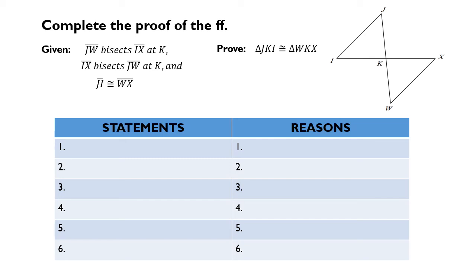Okay. Now, complete the proof of the following. Okay. JW bisect IX at K. Side IX bisect side JW at K, and JI is congruent to side WX. Now, look into this particular given. We have 3 given.